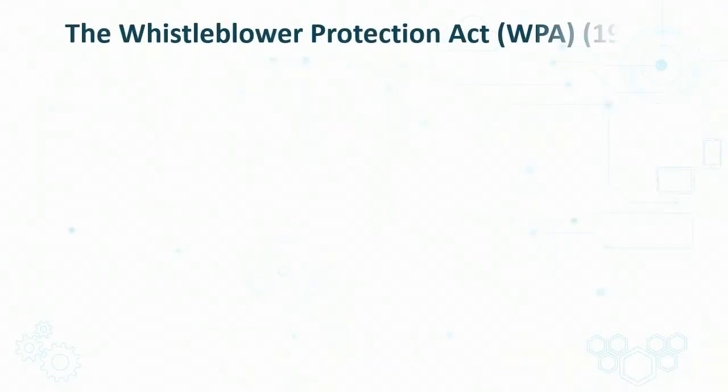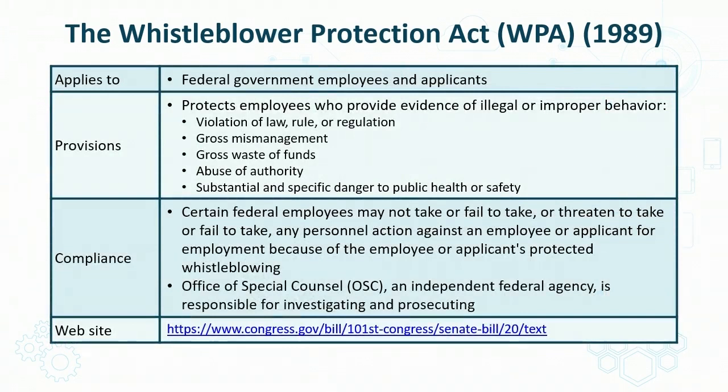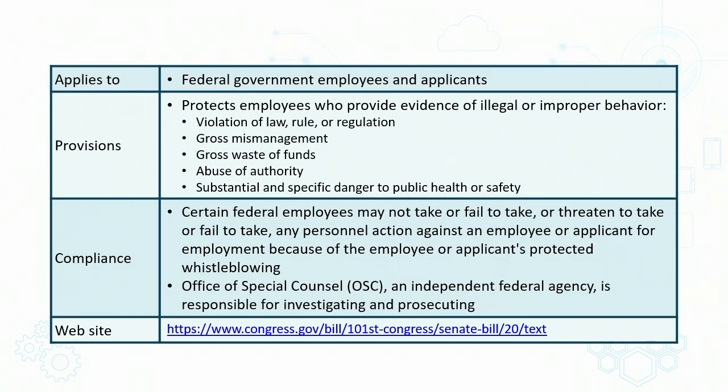Federal employees are protected by the Whistleblower Protection Act of 1989 if they disclose information that they reasonably believe is evidence of a violation of any law, rule, or regulation, or gross mismanagement, a gross waste of funds, an abuse of authority, or a substantial and significant danger to public health or safety.